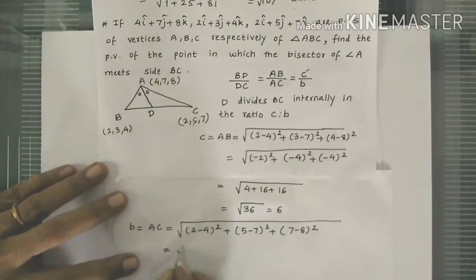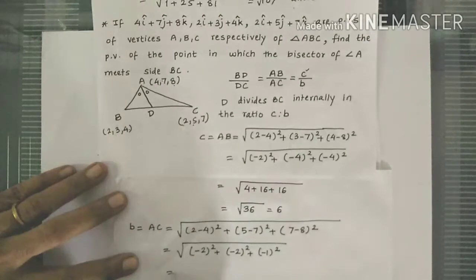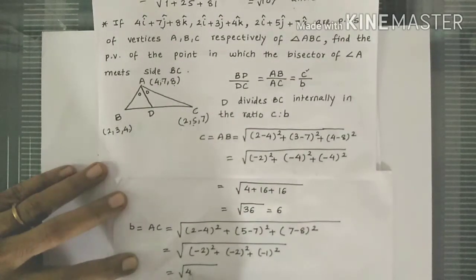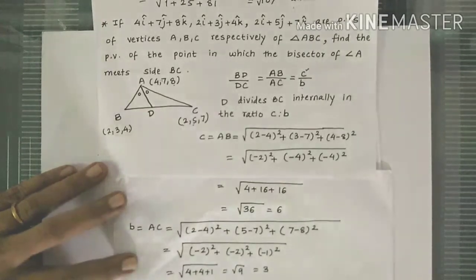So that is root of minus 2 square plus minus 2 square plus minus 1 square. So 4 plus 4 plus 1, root 9 equal to 3.